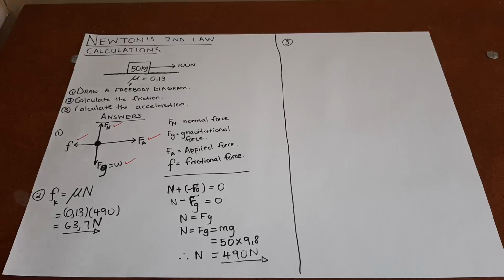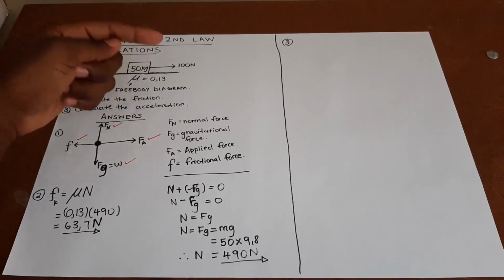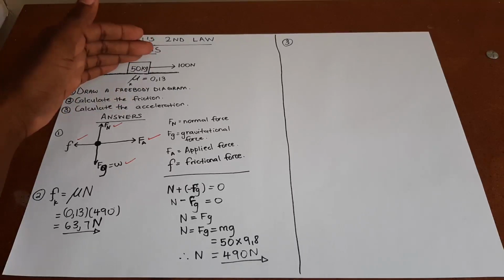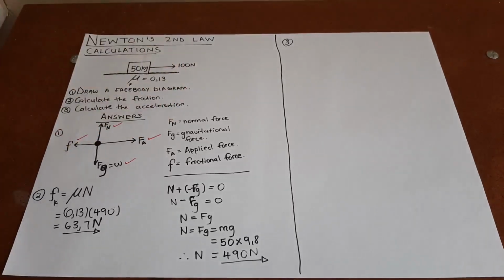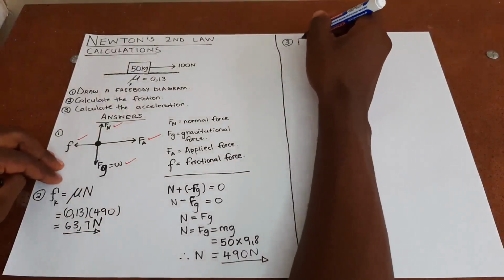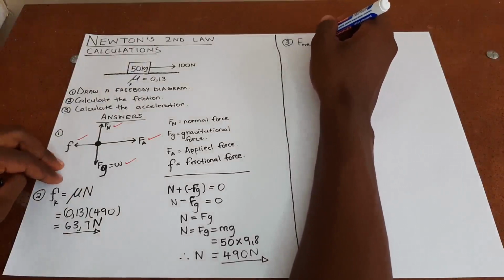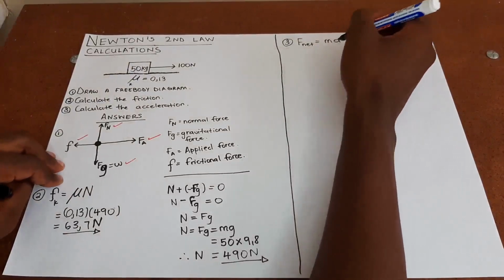In this situation my object is moving horizontally, so I have to consider the horizontal forces to determine the acceleration. So F net is equal to mass multiplied by acceleration.